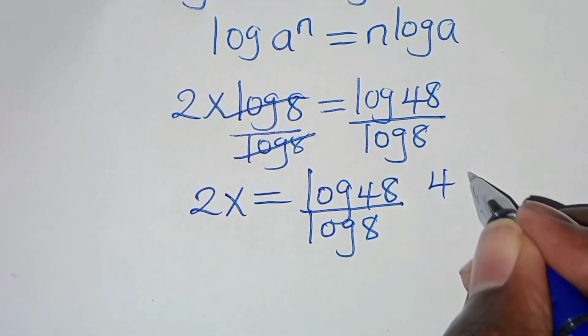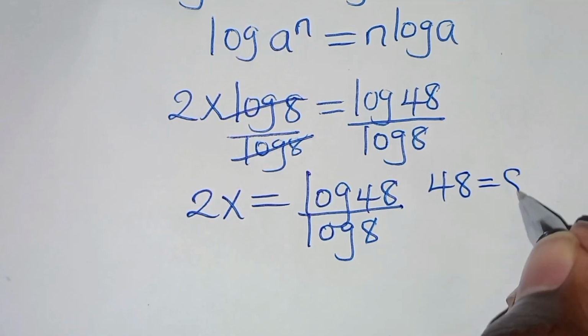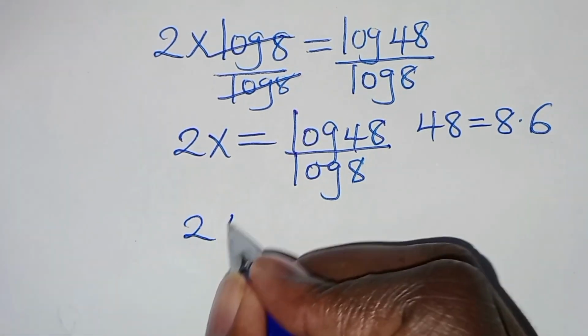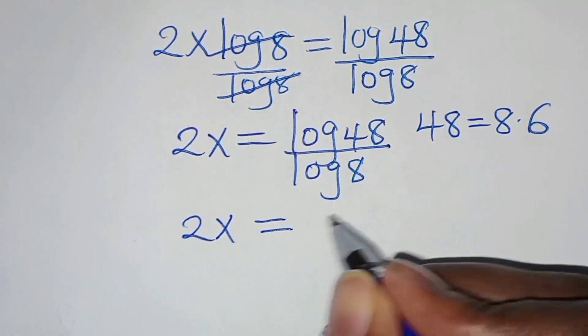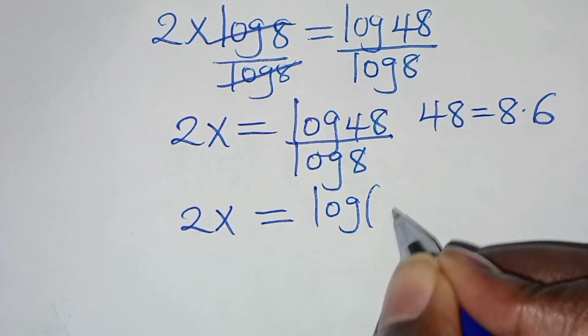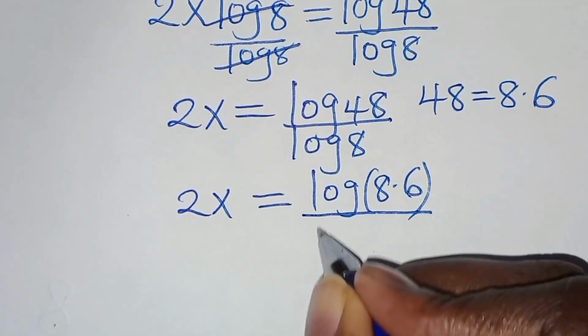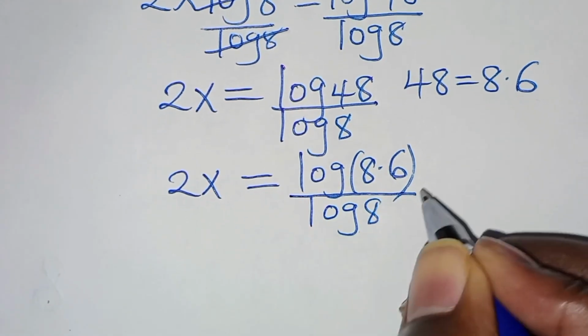Let's express 48 as 8 multiplied by 6. So that now this is 2x equal to log 8 times 6, everything here divided by log 8.